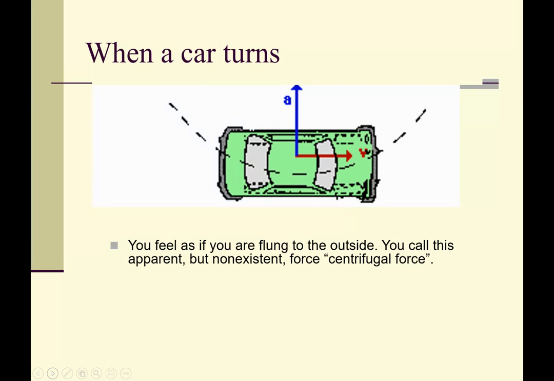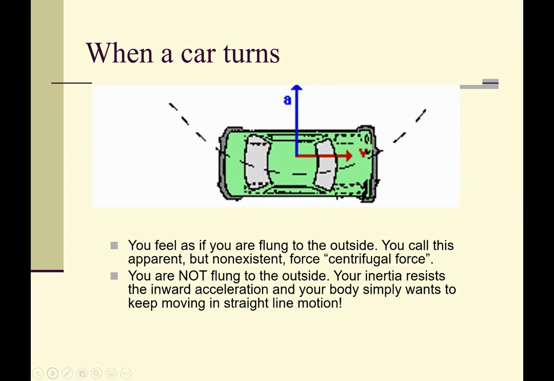And the reason for that is because of centripetal force. You're not actually being flung to the outside. Your inertia is going to resist that change in motion, that inward acceleration. And so your body wants to keep going straight. That's why you feel that fling.